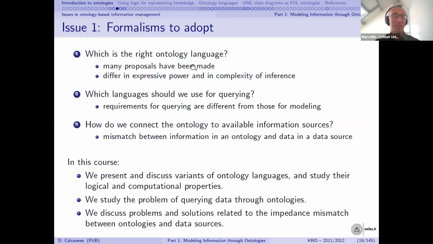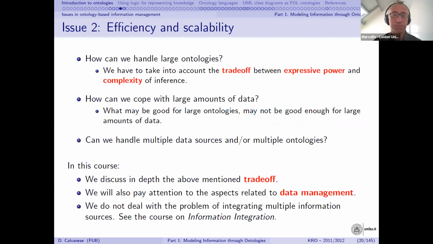That's what I said before. You have to have this balance between the expressive power that you want and the complexity of reasoning, because you want to have some automatic reasoning.